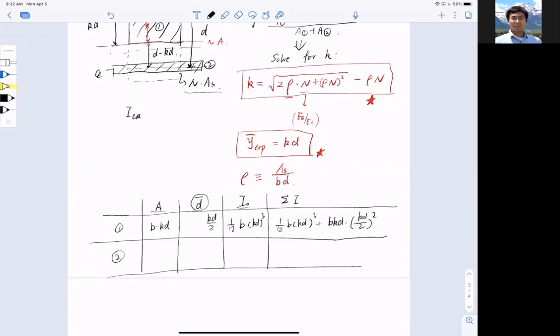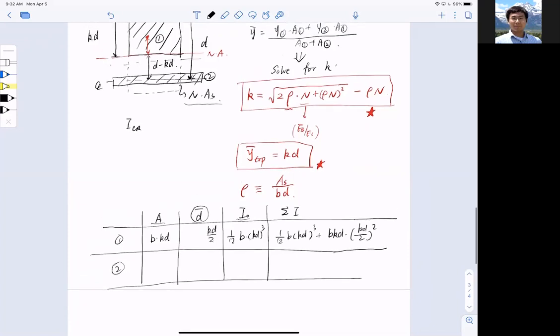That is the moment of inertia for piece 1. For piece 2, this is straightforward: N AS, distance D minus KD, and I naught, remember, the tiny strip T is almost 0, so this is 0. So add them together, this is N AS times D minus KD squared.